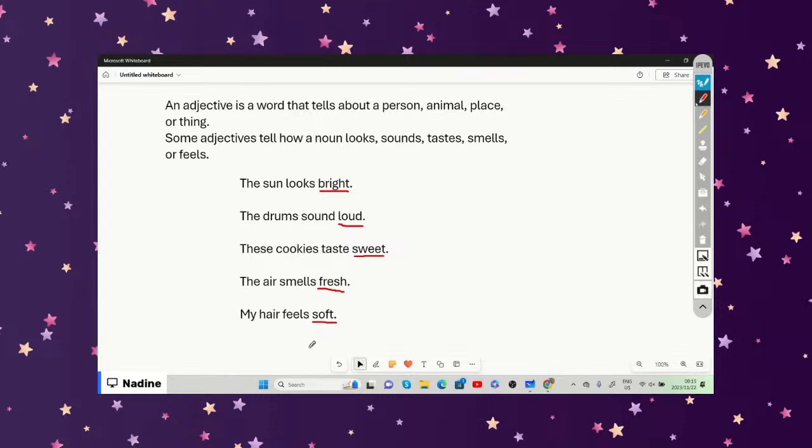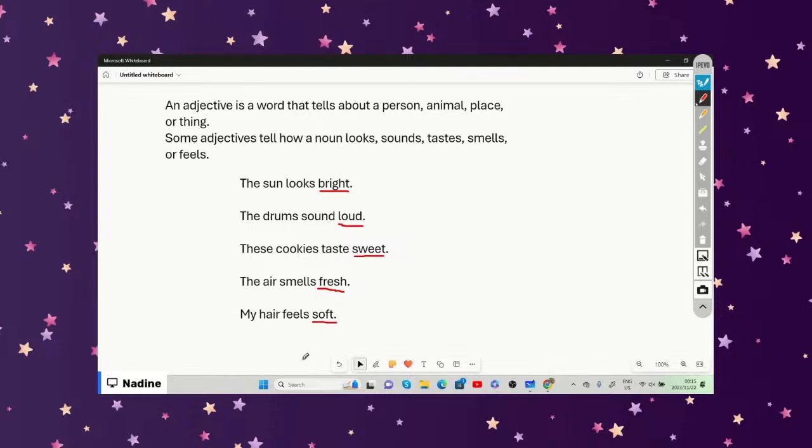So you can describe your hair based on feeling, which is either soft or hard, coarse. Smelling fresh, smelling not fresh, a stinky smell. These are all describing or telling us about the noun.